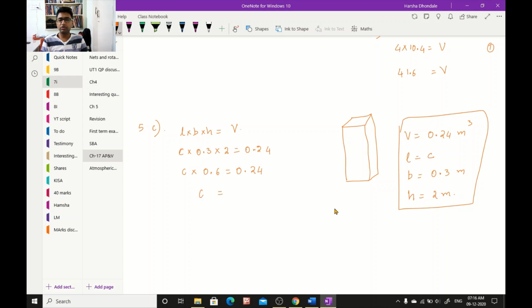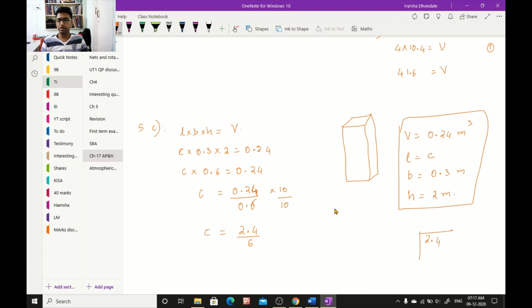C is equal to 0.24 divided by 0.6. Now I'll try to eliminate the decimal. I'll multiply the numerator into 10 and the denominator also into 10. Then I get 2.4 divided by 6. You just have to find out what is 2.4 divided by 6.